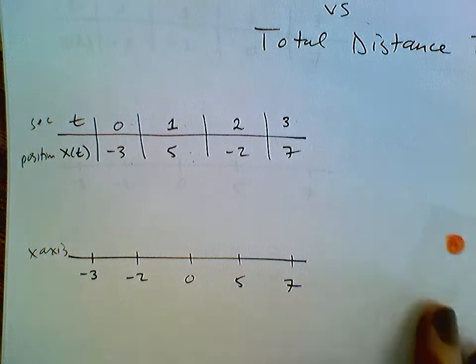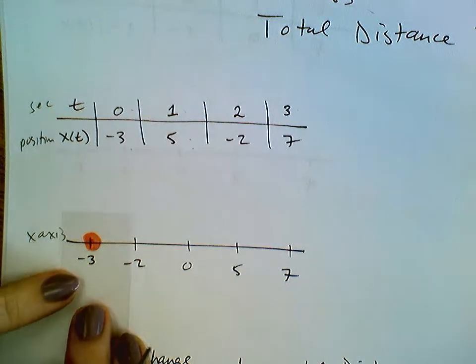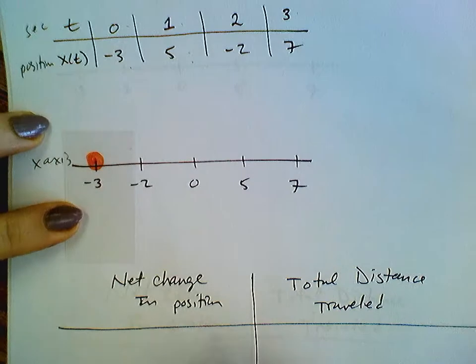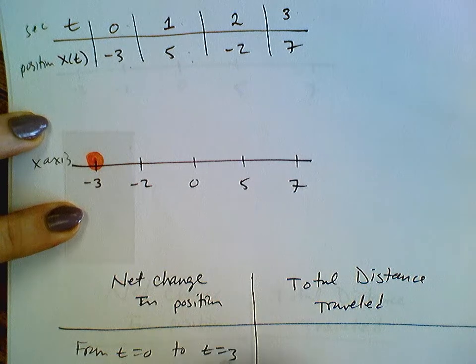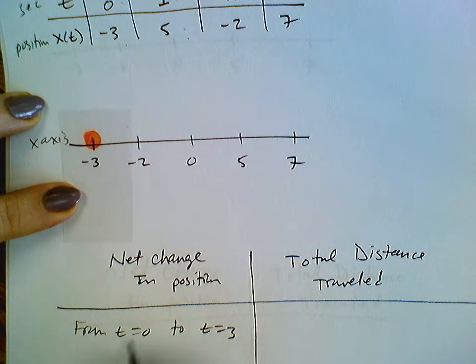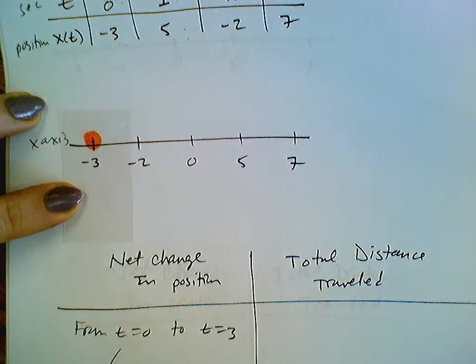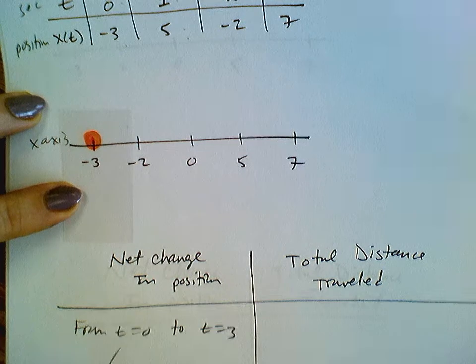Now, the net change in position from t equals 0 to t equals 3. At t equals 0, that's x of 0, we're at position -3.